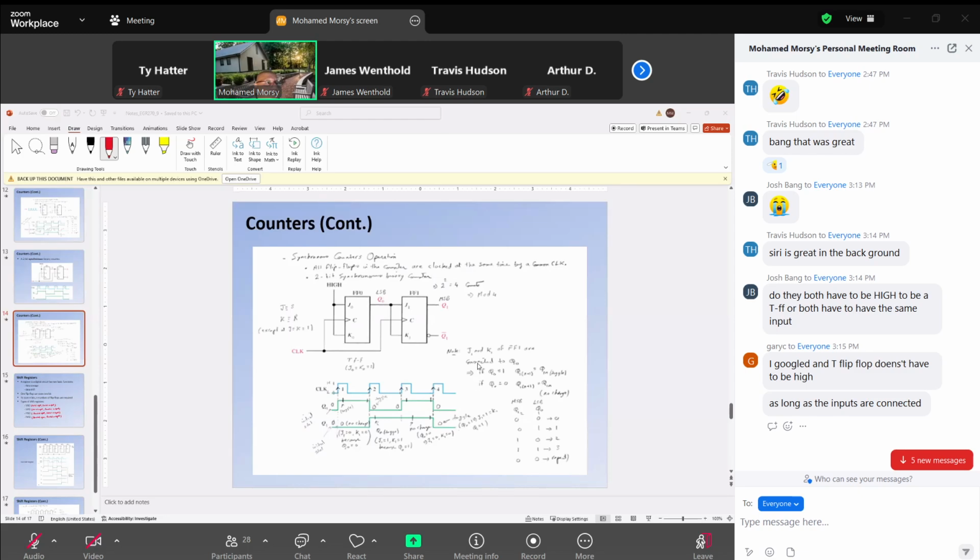So node J1 and K1 of FF1 are connected to Q0. If Q0 is 1, the output Q1 toggles. If Q0 is 0, there is no change.